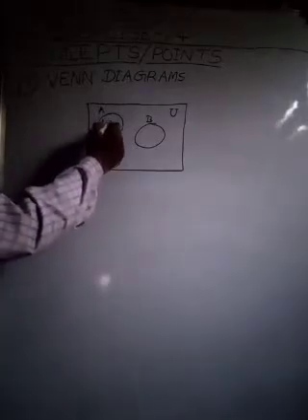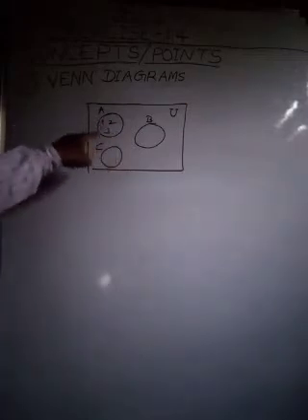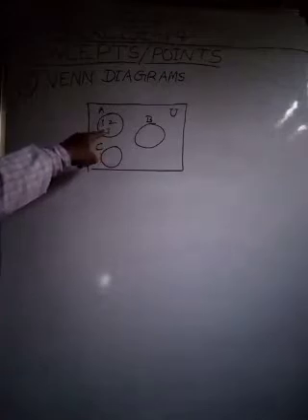Understood? Right. In Venn diagrams, the elements of the sets are written in their respective circles. Suppose here 1, 2, 3 are the elements of set A. We write the elements of the set A inside that circle.